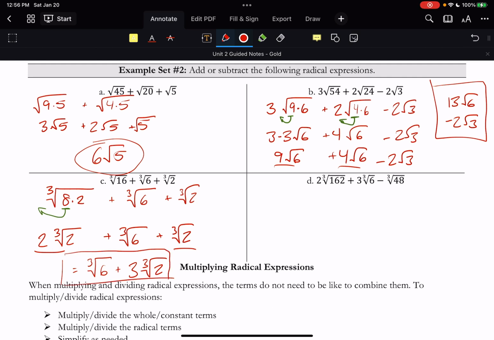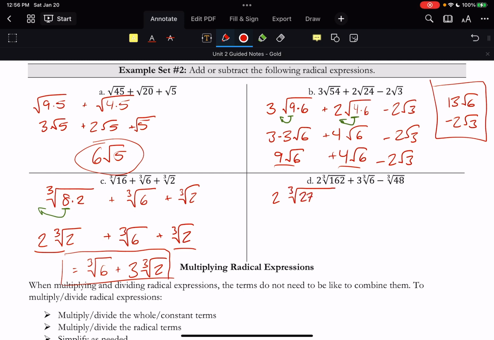Okay, there we go. And then last one, I have 2 times the cube root of 162 plus 3 times the cube root of 6 minus the cube root of 48. So if I start with my first one, I have the cube root of 162. Again, I need to think perfect cube factors, and I know 162 is 27 times 6.